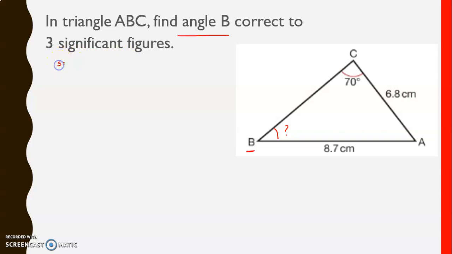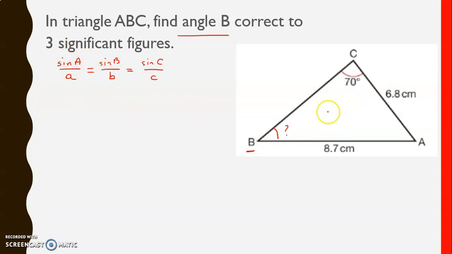Okay, so sine of A over A, so it's the ratio of the sine of the angle and the side, equals sine B over B, which is equal to sine C over C. So it's exactly the same thing, but you will see that the calculation is much simpler if you have sine of the angle at the top.